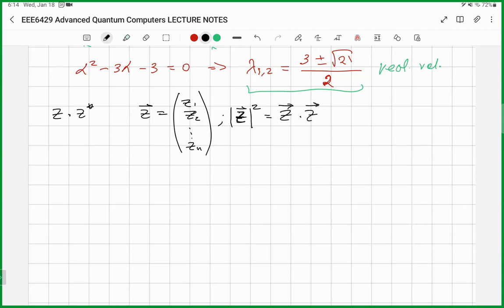But in order to make this number real valued, I have to take the complex conjugation, either of the first or the second, it doesn't matter.